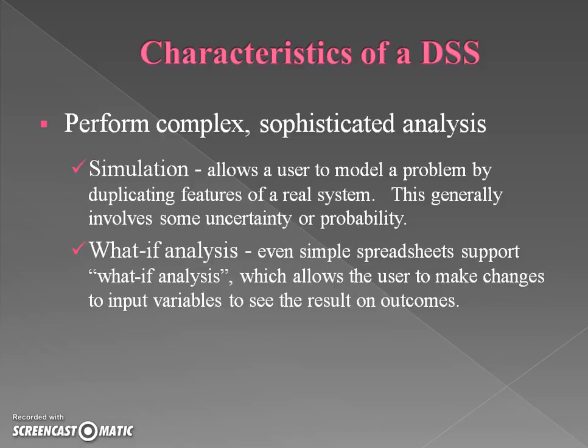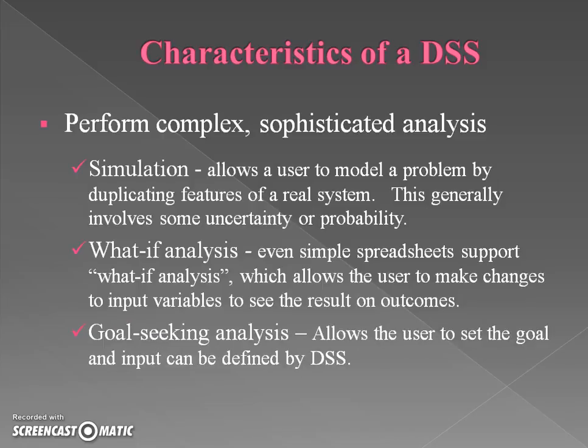Second is what if analysis. Even simple spreadsheets support what if analysis, which allows the user to make changes to input variables to see the result on outcomes. And thirdly, goal seeking analysis. It allows the users to set the goal, and input can be defined by DSS.